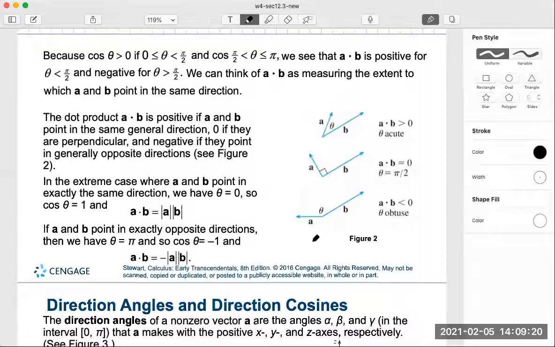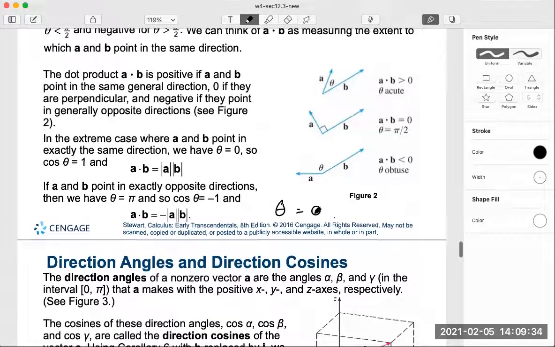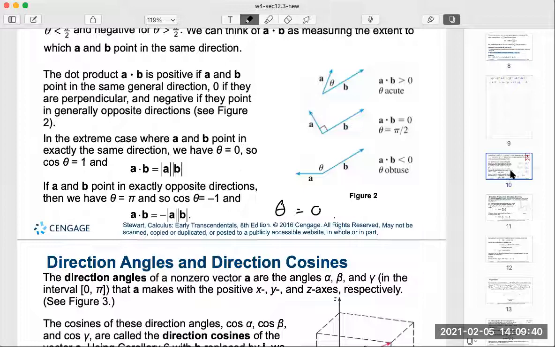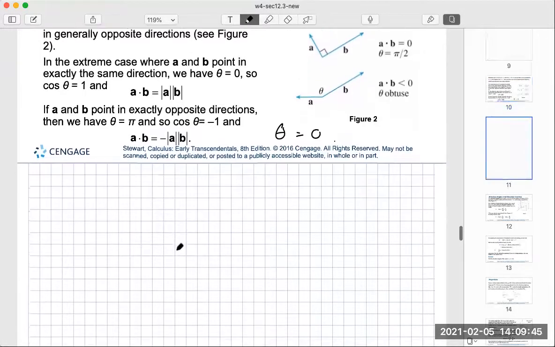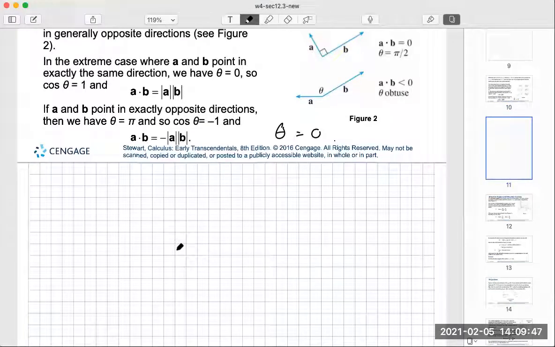Very good. And there are some special situations: when theta is equal to 0, these two vectors are parallel and pointing in the same direction. If theta is equal to pi, what does it mean? Yes, they're parallel but pointing in different directions. Very good. So, good job.